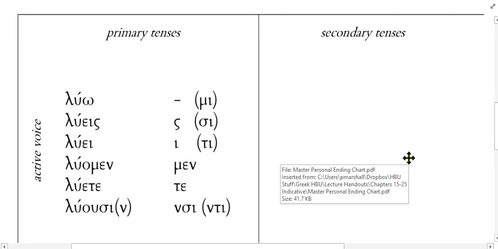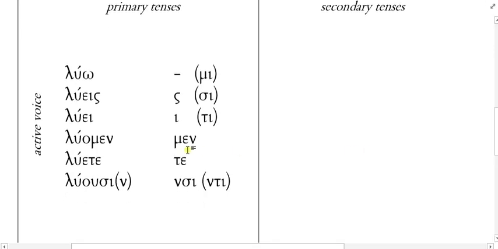Okay? If you're reading the chart from left to right, the top row, going sideways here, is giving us active voice. We're going to fill in the second chart here when we get to chapter 21, I believe. But these are broken up between primary and secondary tenses.